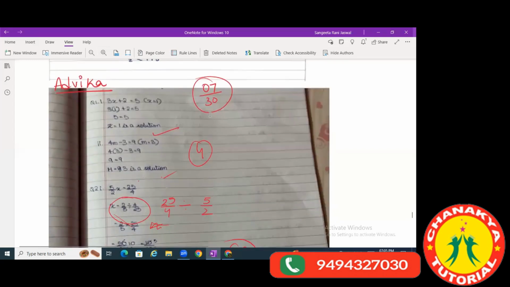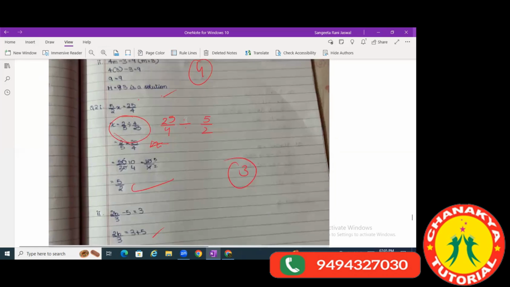Now see your test. It was given that x is 1. If x is 1, this part is correct. Let's see here, 5 by 2x equals 25. When you are taking 5 by 2 to the other side, it will become reciprocal. You have not taken the reciprocal because your sign is divided here, but you are writing wrong.